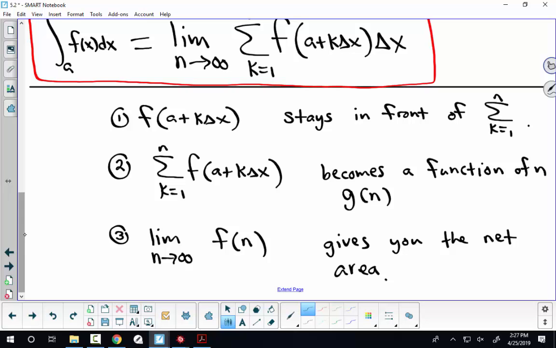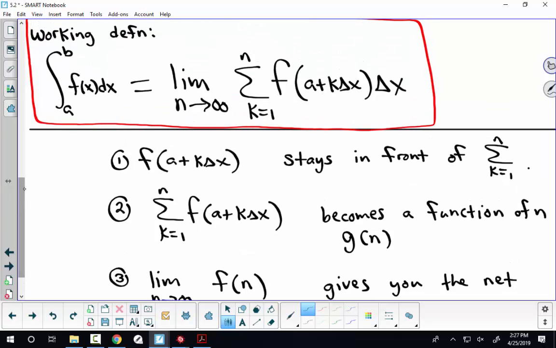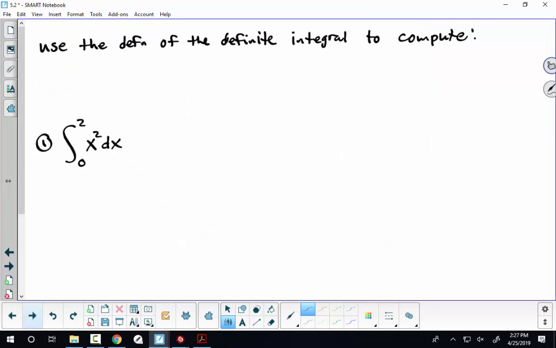Again, notice in that definition, there's really only 2 things to find. Everything else is simplifying. All we need to find is delta x and f of a plus k delta x. Everything else in that formula, we simplify the sum and then compute the limit. So let's look at an example and practice how that comes about. I'll just rewrite the definition here.